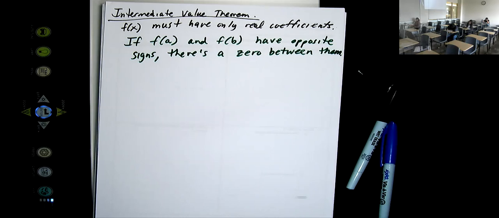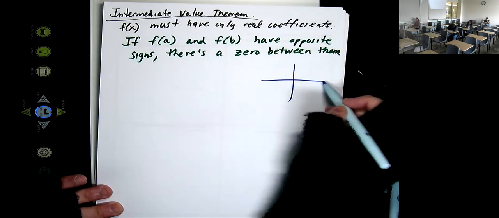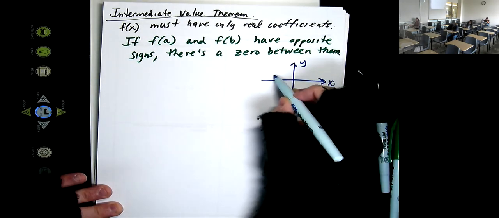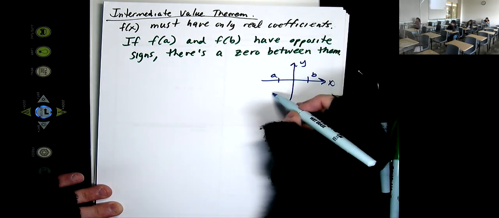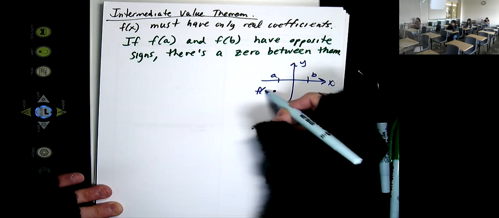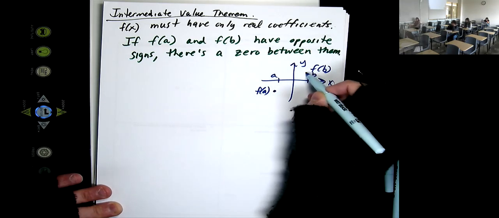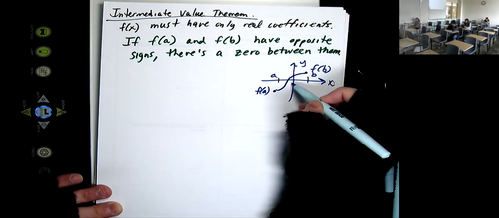The idea is something like this, where that stems from. Let's say that's my x and my y, and I've got A and B like this. They could be anywhere, I'm just putting them like here. If f of A is down here and f of B is up here, somewhere it's got to cross this x-axis.